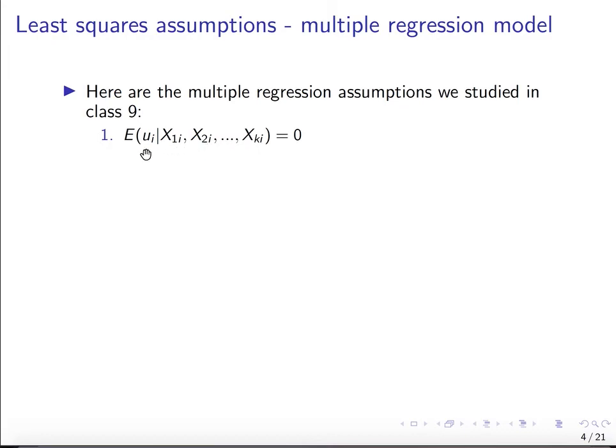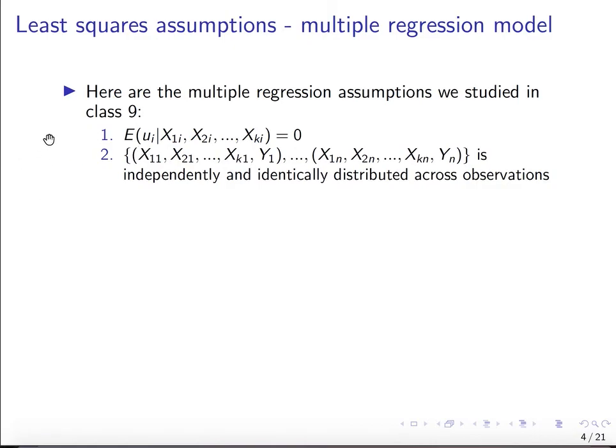In the simple regression model, we said expectation of u_i given x_i, at the time the only x, should be 0. Then when we switched to multiple regression and added more regressors, we said expectation of u_i given all the x's should be 0. The conditional mean zero assumption is an important one, because if you don't have that, then the beta hats you estimate are going to be biased.